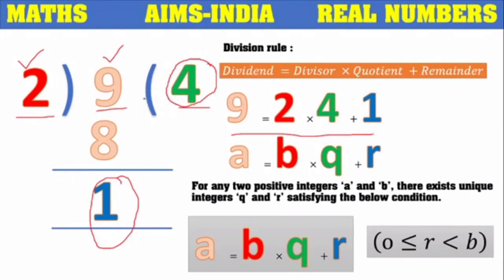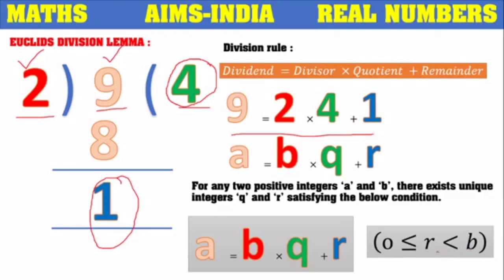So according to Euclid's division lemma, for any two positive integers a and b, there exist unique integers q and r satisfying the condition of the division rule, the normal division rule. But one condition we have to remember: 0 is less than or equal to r, and r is less than b.